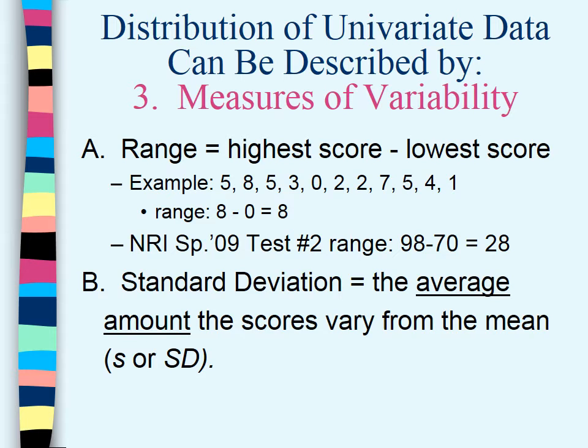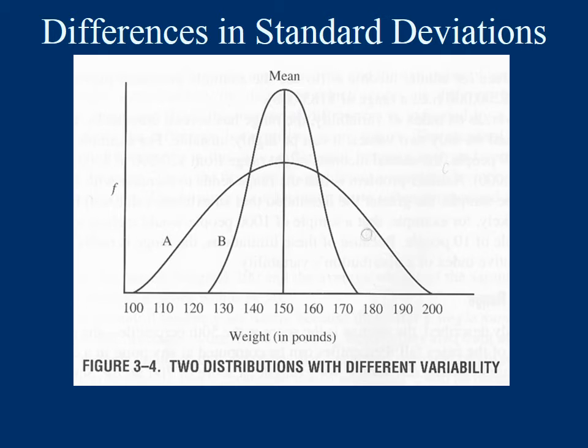And then standard deviation is the average amount the scores vary from the mean, and we get this by doing the z-scores. There's probably a better example of this in your textbook, but really what I wanted to point out, this shows A and B to show you differences in standard deviations, but there is a formula.